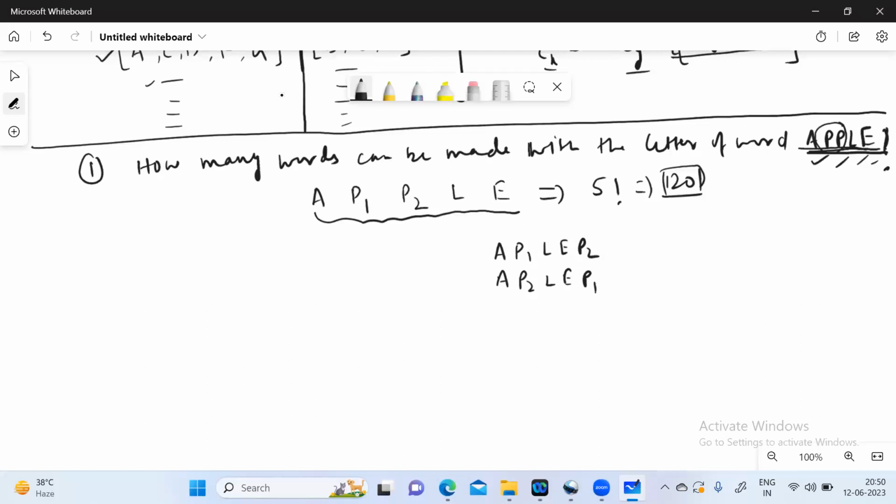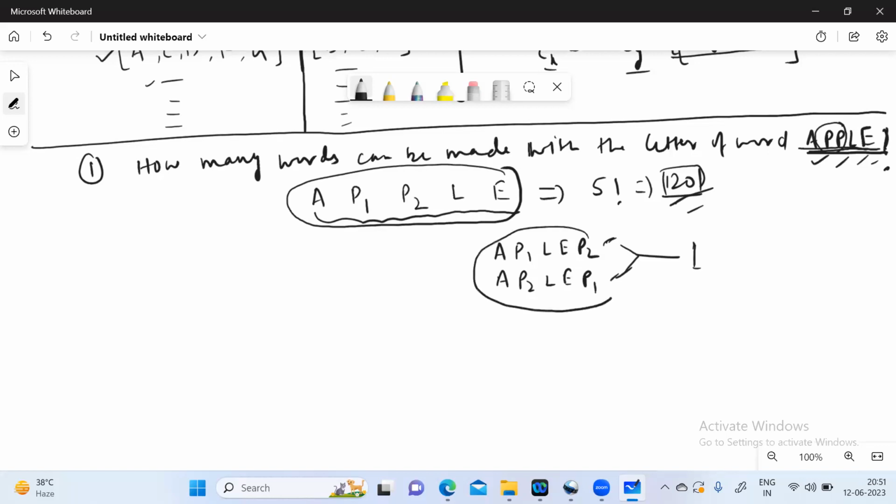By this consideration, these two are two different words. But since when we take all the P equal, then it is actually just one word. So every pair of words in these 120 is actually only one word. So these two are one.